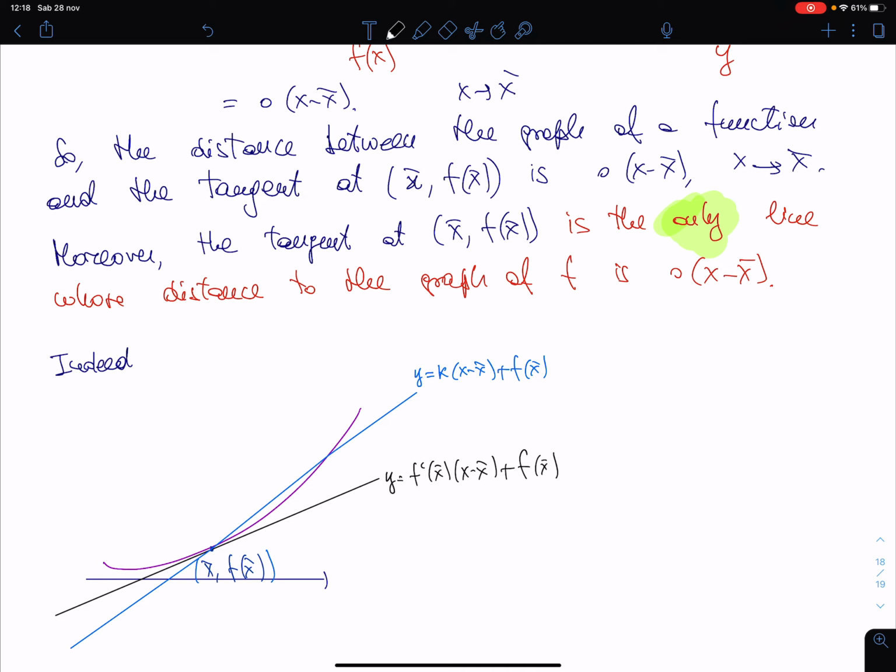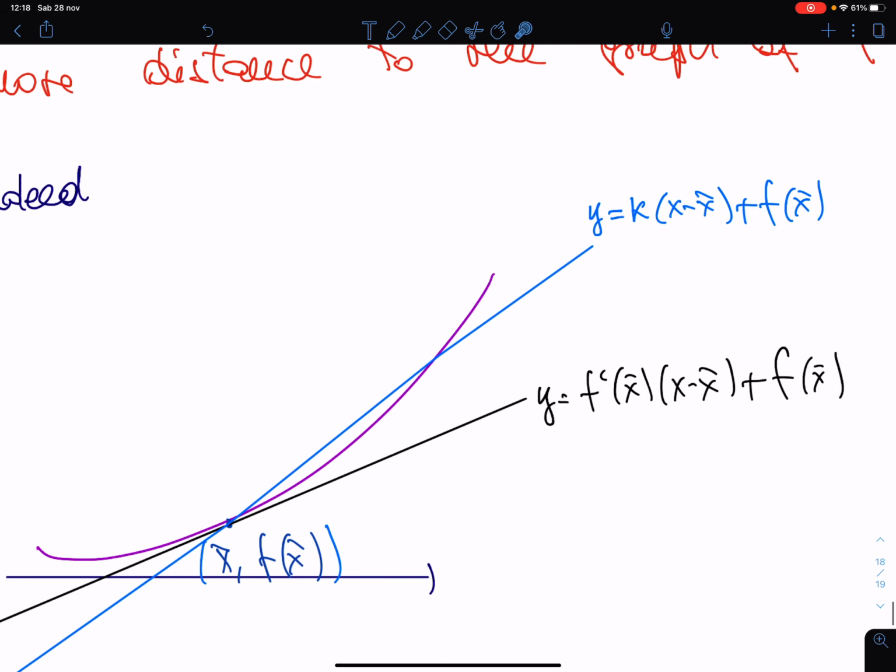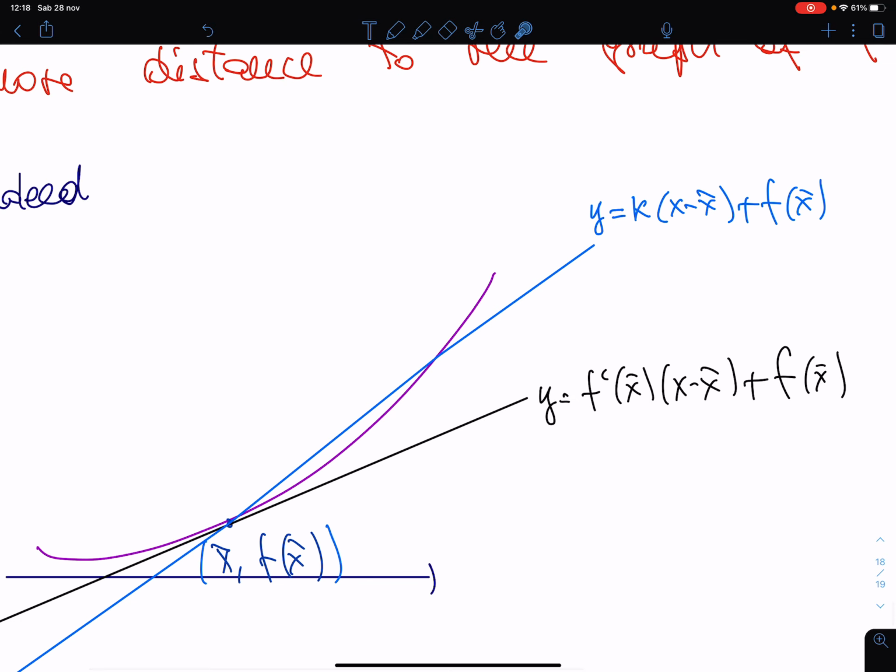Now what I say is that this black line is the only line whose distance from the graph is small, in the sense that it is an infinitesimal of higher degree than x minus x bar.